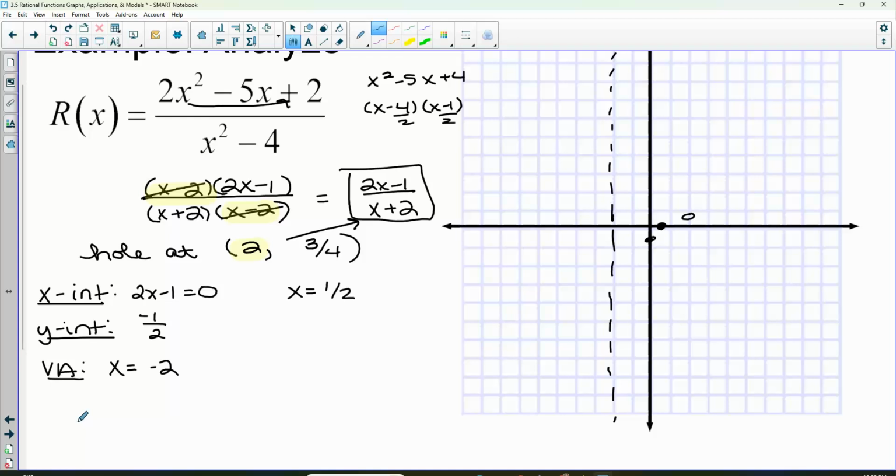How do we decide that? Divide our leading coefficients. You can do it in the original or the reduced. It won't matter. You're dividing those highest powers of x. What happens if you do 2x squared divided by x squared? 2. So if the x's cancel, that's horizontal. y equals 2.